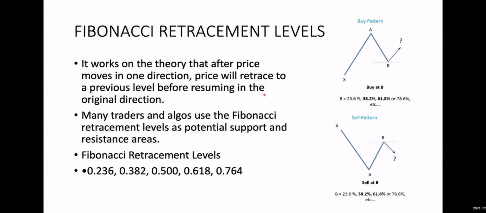In this order, this is how algos are programmed. I know because one of my friends actually programs algos. So Fib ratios are very important because hundreds and thousands of algos are watching these levels to buy or sell at these levels. And then many technical traders are also watching these key areas to buy or sell.